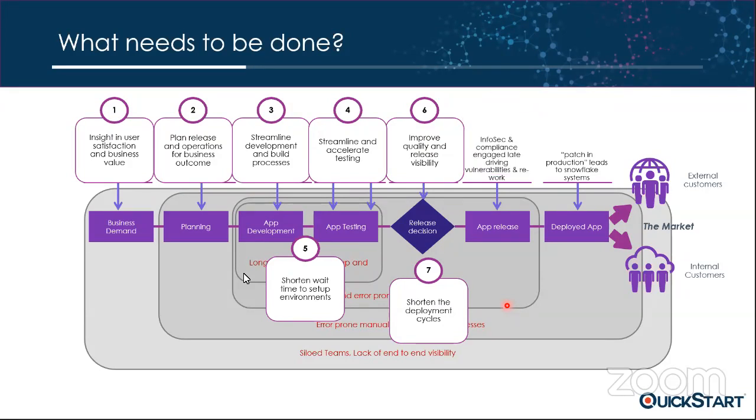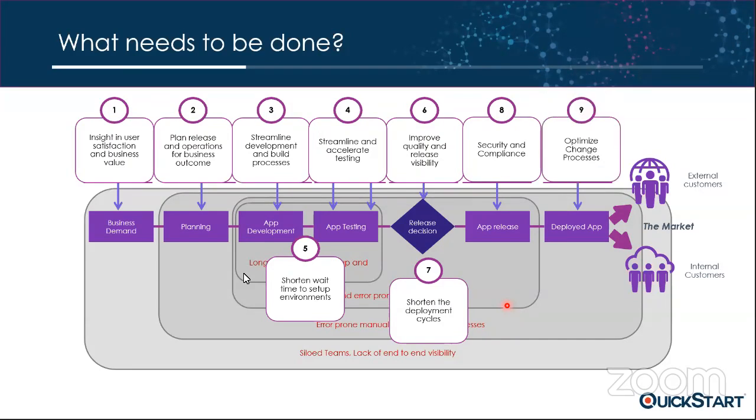And security and compliance should really be a specific activity with owners and an approval path, because it's the only way to move forward with this specialty. And after that, optimize the change process. Let me stop for a while over here.